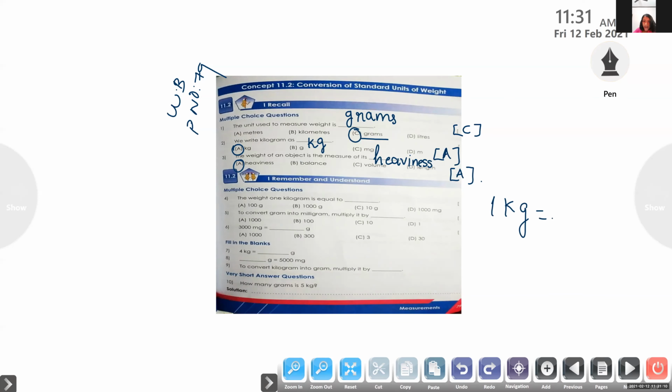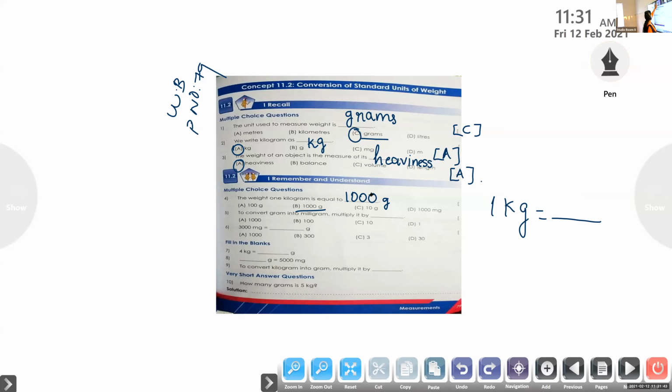In kilogram, gram, milligram conversion, no hundreds, only thousands. So how many gram? 1000. Okay. 1 kilogram equal to 1000 gram. All of you keep in mind, 1 kilogram equal to 1000 gram.